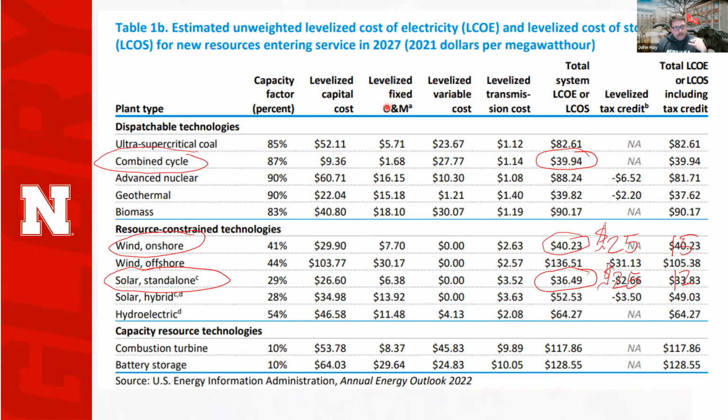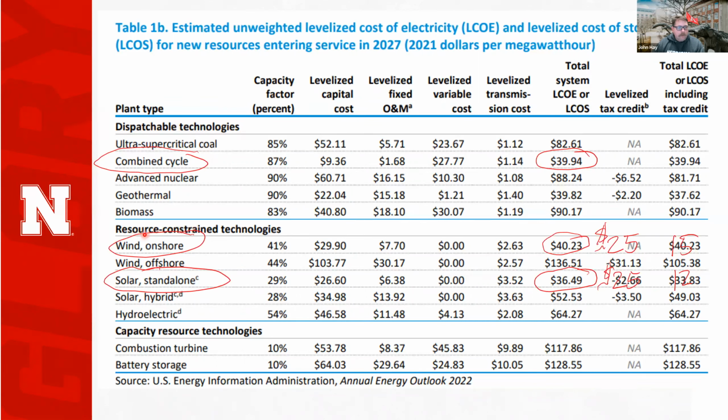So if we were building some new resources and we were only interested in cost and then having something so that we have some reliability, we should probably think of reliability first, cost second, but we need some dispatchable technologies that we can turn on all the time when we need them.